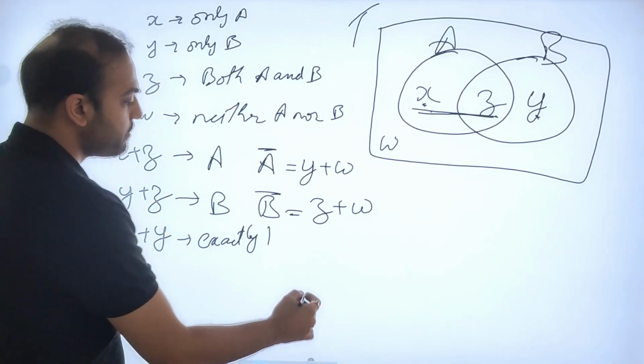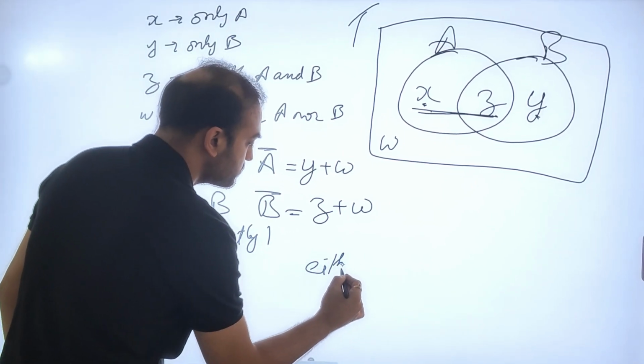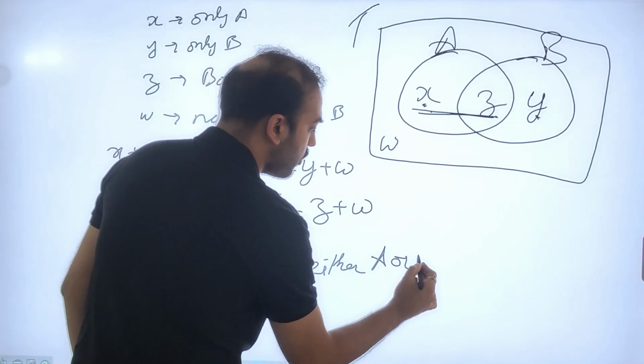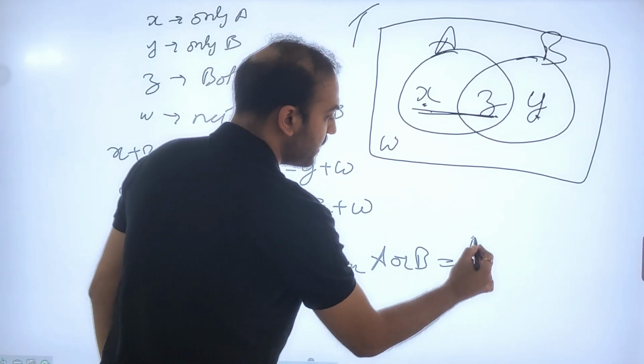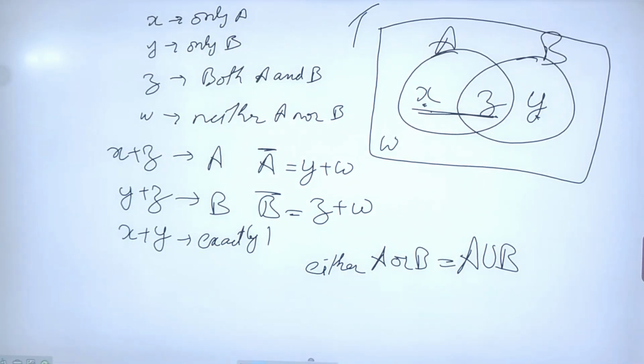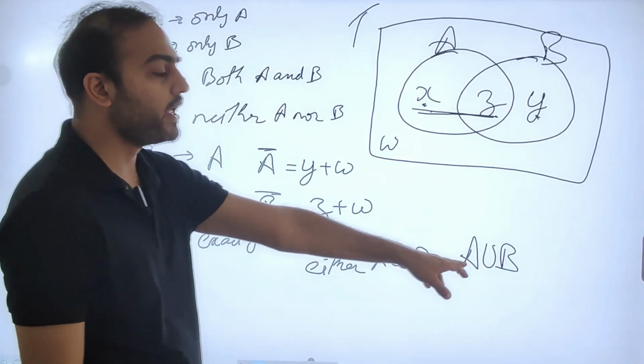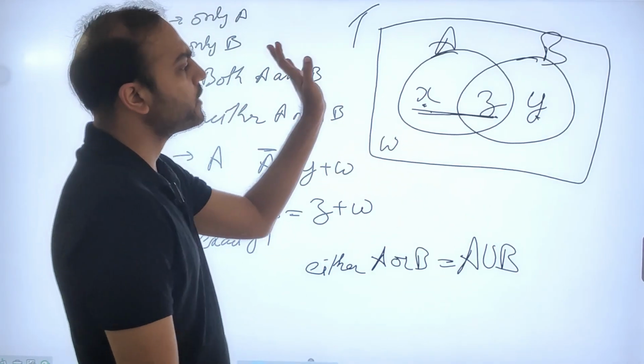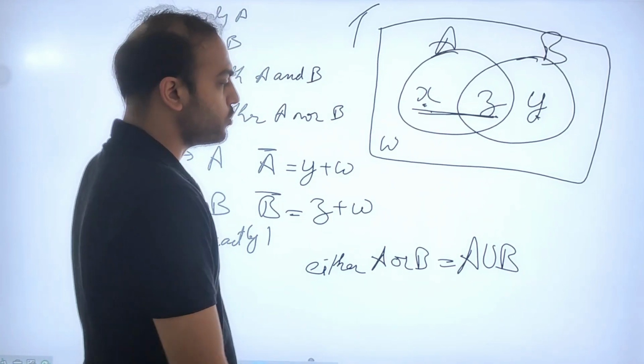People belonging to either A or B, this is basically your union. Theoretically it is called A union B. That means belonging to either A or B or both.